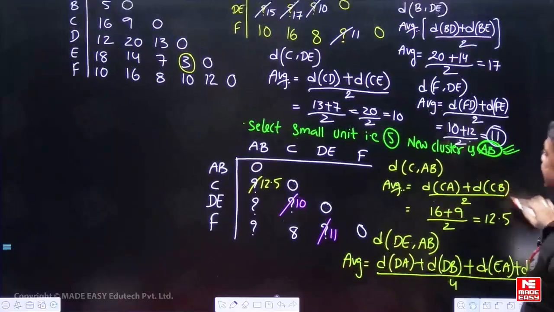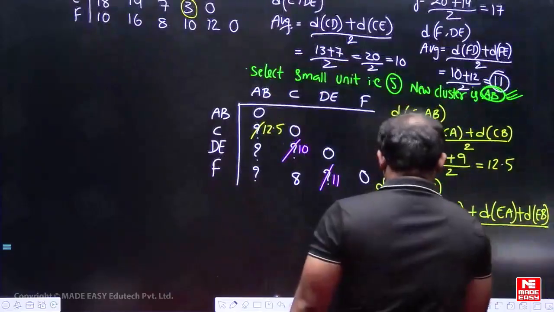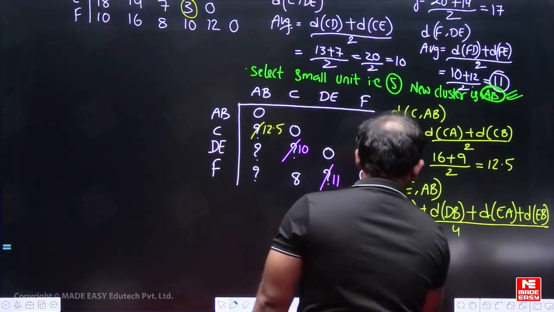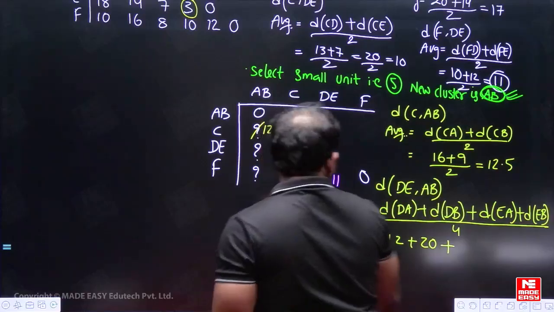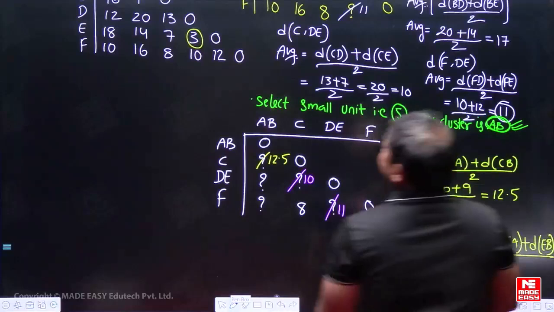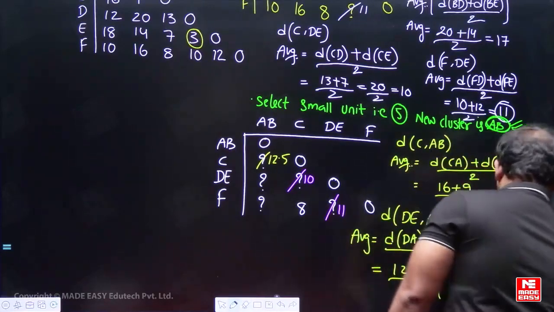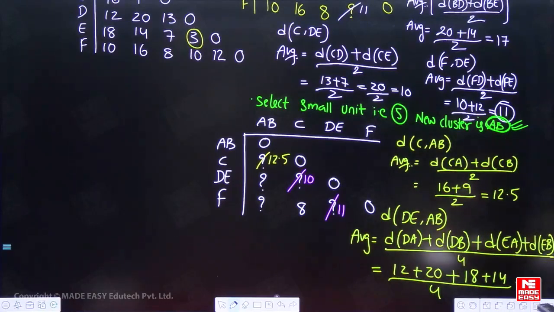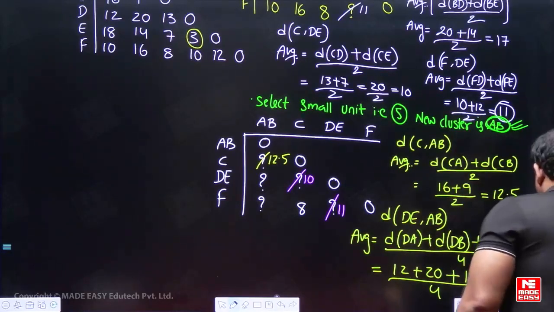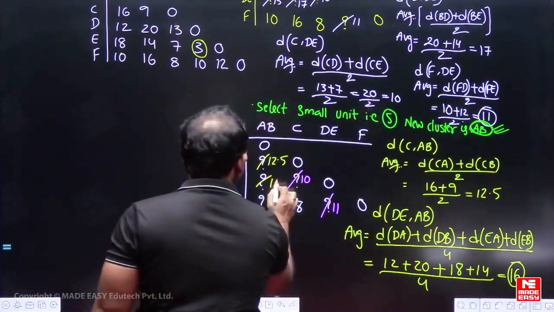DA 12, DB 20, EA 18, EB 14. 12 plus 20 plus 18 plus 14 is 64, divided by 4, that is equal to 16. So this average is 16, and now this is replaced by 16.